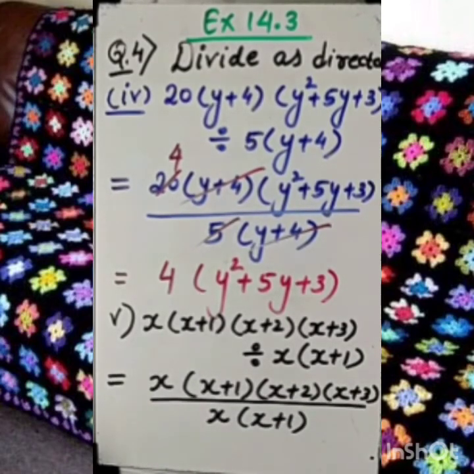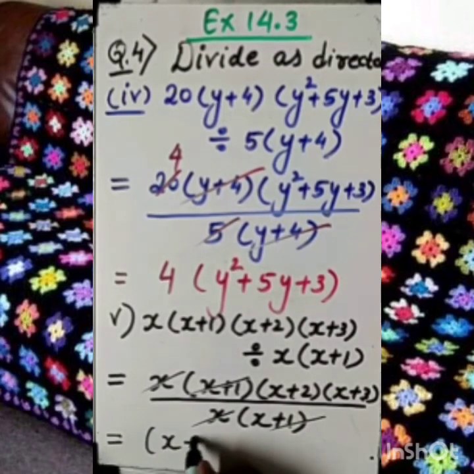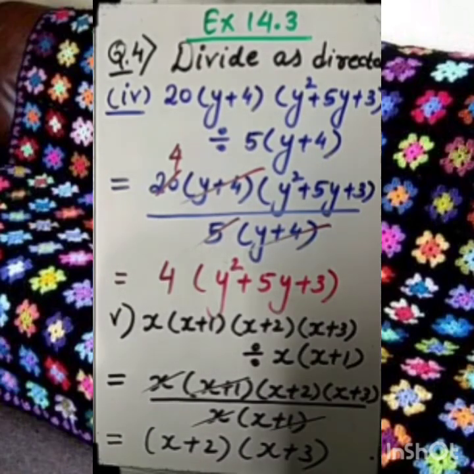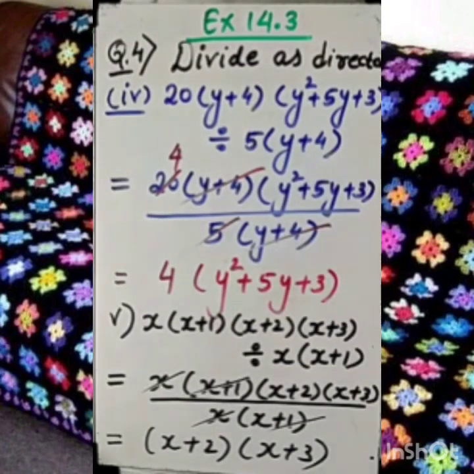Fine. So next, this one is common, so cancel: x with x cancels. What is left? These two brackets are left. So that is the answer: x plus 2 and x plus 3. This is the complete solution of question number 4. All these questions of question number 4 are very easy.